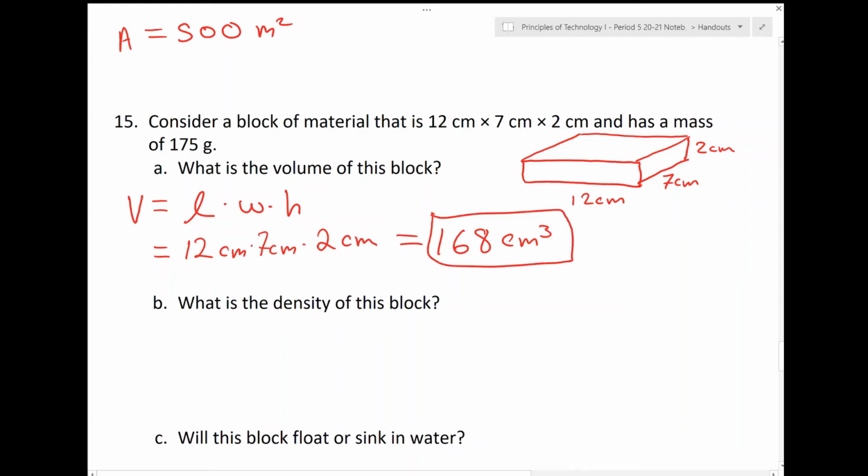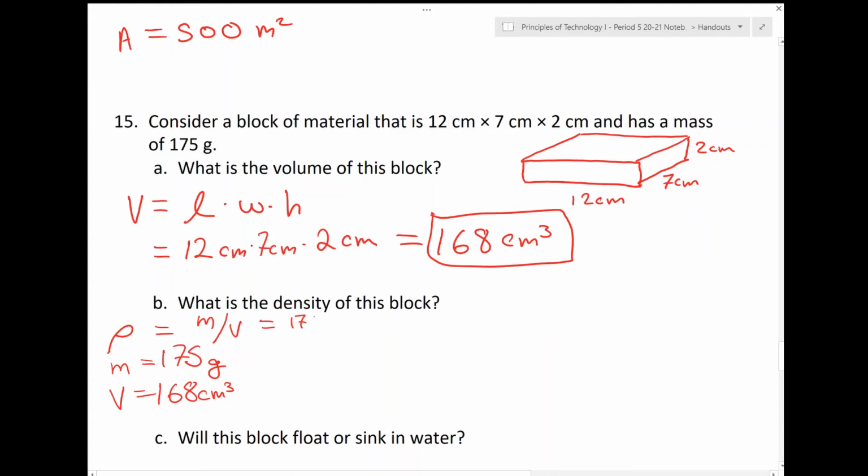What is the density of the block? Okay, so we need to take density, mass, and volume. We found the volume above, 168 cubic centimeters. We were told the mass in the original problem, 175 grams. Density, of course, is equal to mass divided by volume.